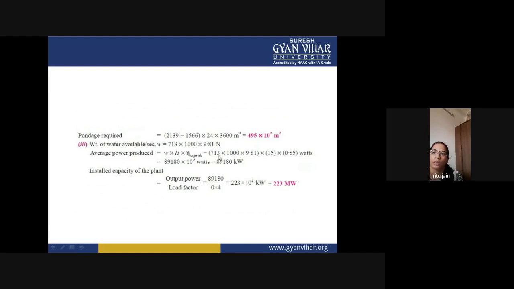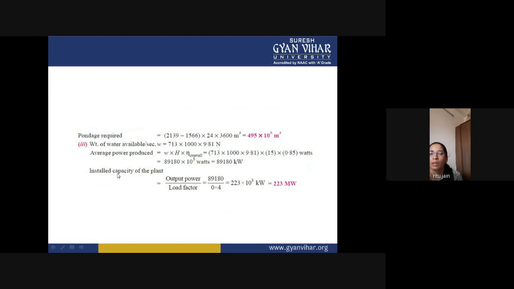So you will get 713 into 1000 into 9.81 into 15 into 0.85 watt, which is 89,180 into 10 to the power 3 watt. So you will get this much average power.